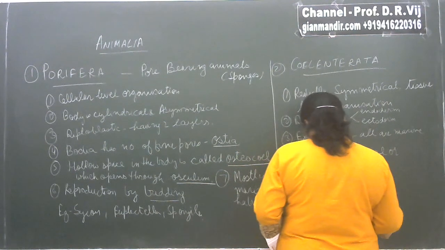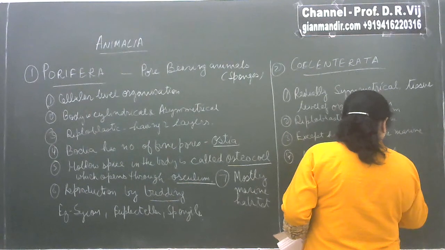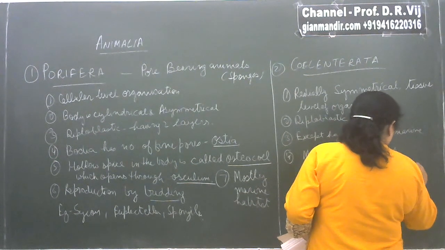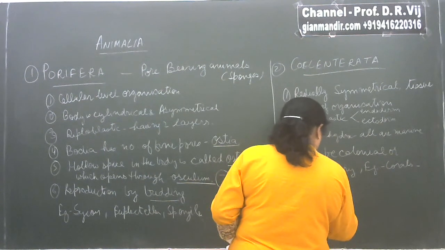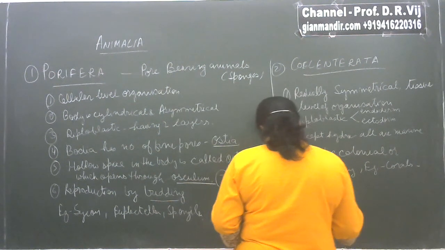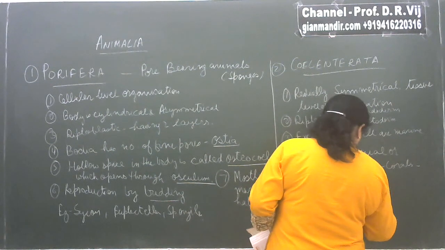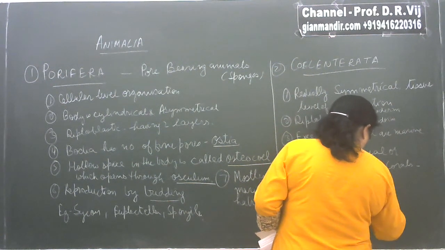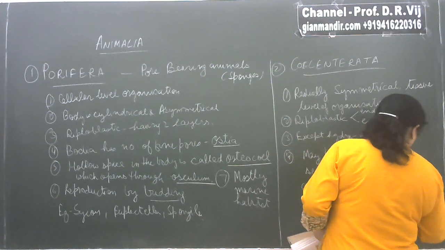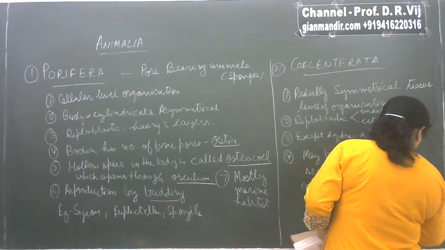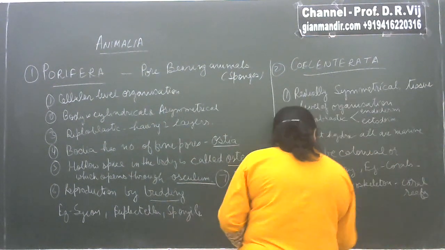For example, if you talk about corals, corals are colonial, and their exoskeleton forms the coral reefs.